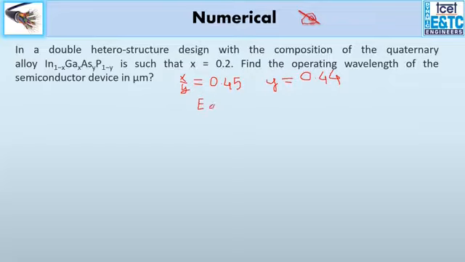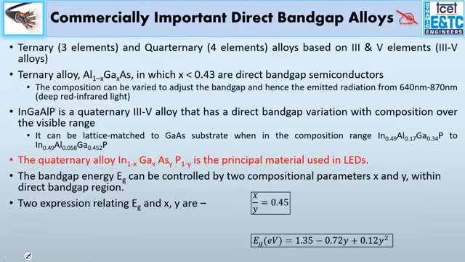What was our formula for Eg? Eg in electron volts, your y is 0.44.